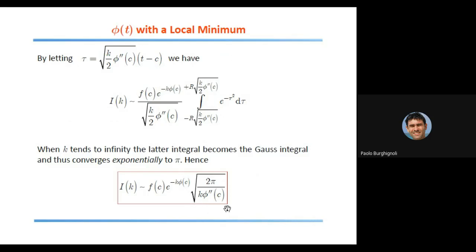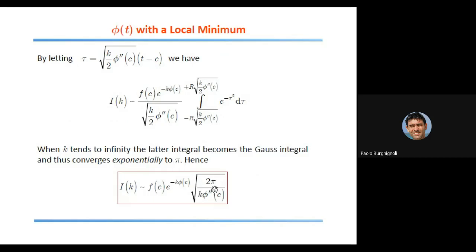formula for evaluating asymptotically a Laplace-type integral when you have an internal minimum. This is the formula of the so-called Laplace method, in which you see you have the function f evaluated at the point c, you have the exponential also evaluated at the point c, but in addition, and directly coming from the change of variables, you have this square root in which you have the term pi, which, by the way, should be, yes, here this pi should be pi to 1/2, because the Gaussian integral is equal to pi to 1/2.